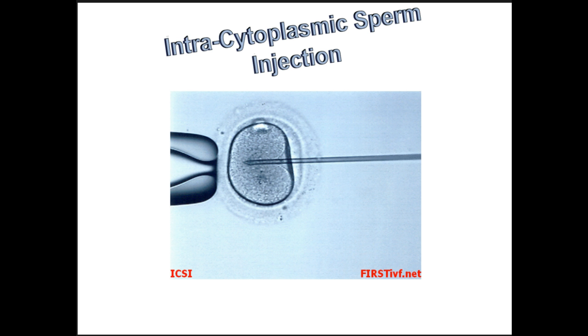The doctor can actually take a slice or section of his testicle, remove some of the sperm directly from the tissue, and inject it into the woman's egg. Then it'll be allowed to grow into a little ball of cells in a dish, and then about 24 to 48 hours afterwards, it'll be put back inside of the woman.